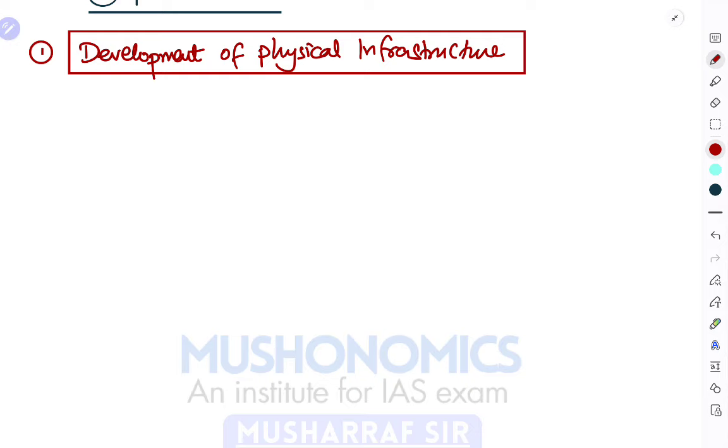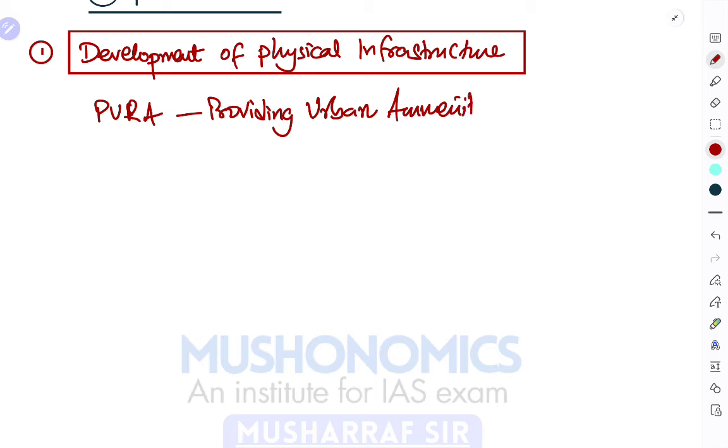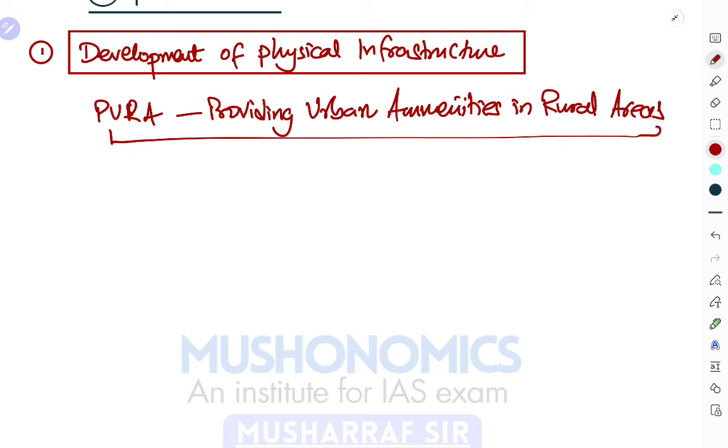One of the tools is that we can develop the periphery, and if we provide what Dr. APJ Kalam talked about, PURA, providing urban amenities in rural areas, then maybe we can put a check on this rural to urban migration.